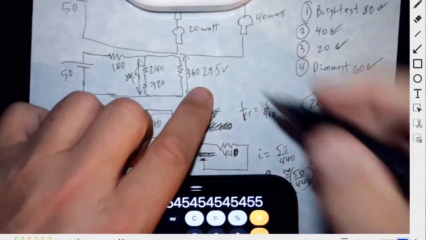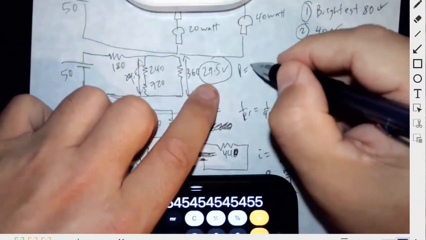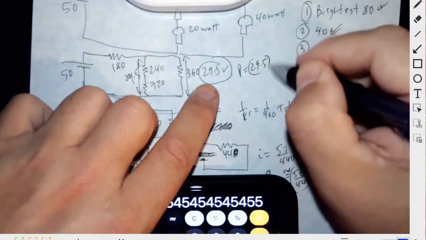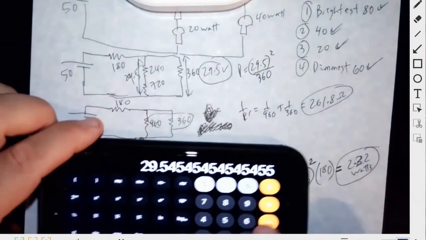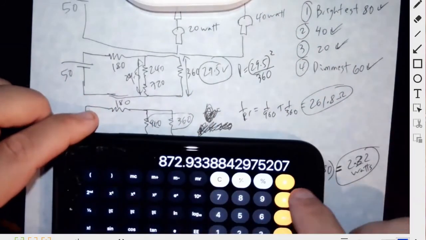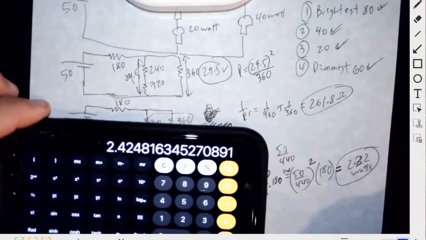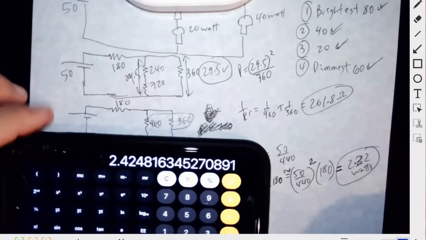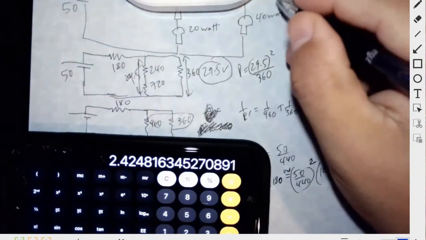Okay, so then if I know the voltage of this guy, I do V squared over R. 29.5 squared over R. So squared divided by R. Oh, that was a close one. Ooh, 2.42. It's brighter. Dang it.